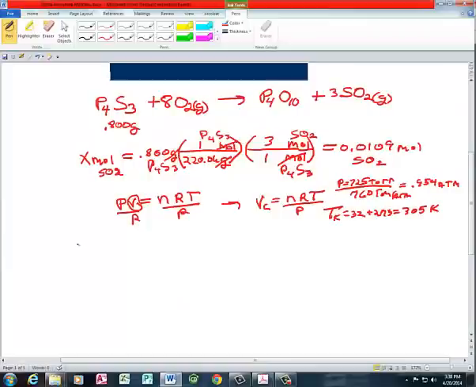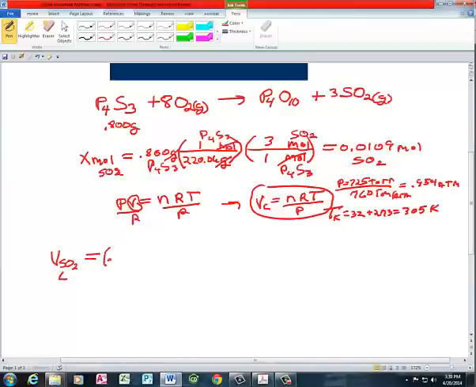All right, now we're ready to plug our values into the formula that we derived for calculating the volume of sulfur dioxide gas. Remember, we're going to get it in liters, and we'll have to convert it to milliliters later.